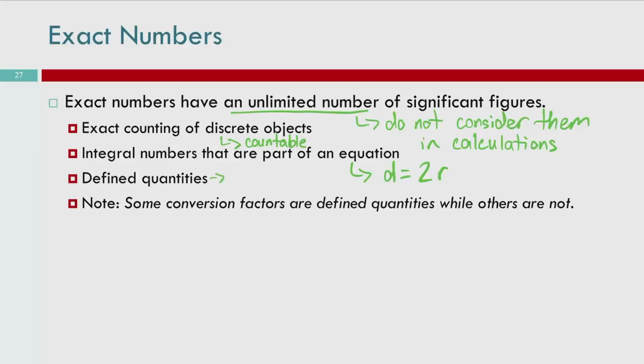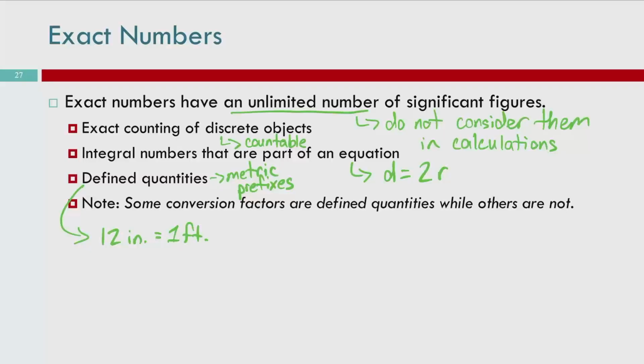Defined quantities, like metric prefixes, are also not going to affect our number of significant figures. There will also be things like 12 inches equals 1 foot. One of those is defined based on the other one, so it's exactly 12 inches.